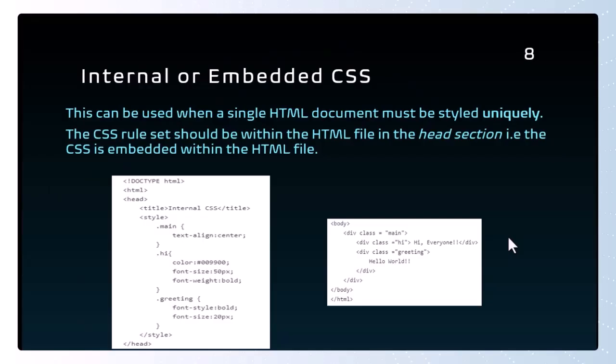Internal or embedded CSS can be used when a single HTML document must be styled uniquely. The CSS rule set should be within the HTML file in the head section. At the top you have the doctype, which lets the browser know what type of document it is, and this is an HTML5 document.